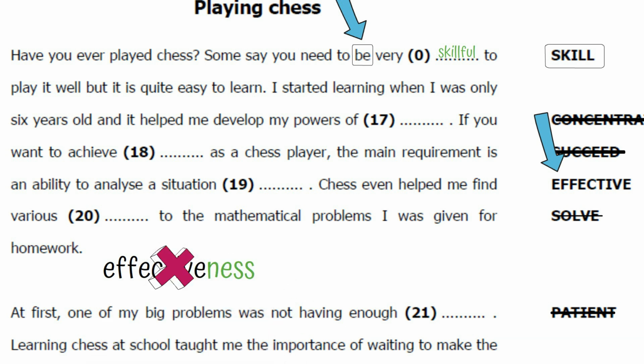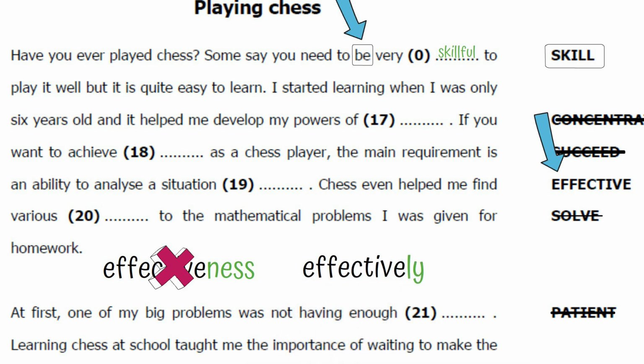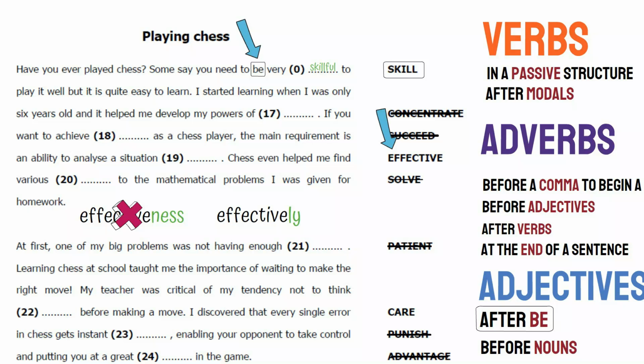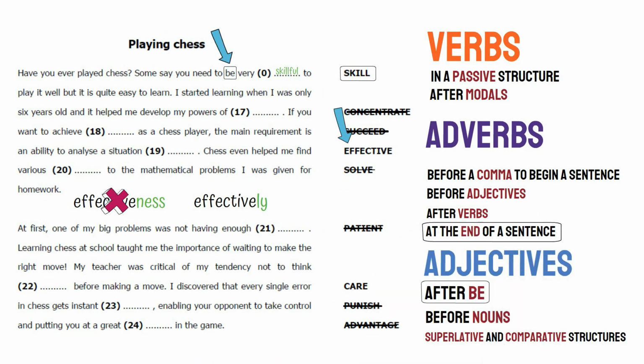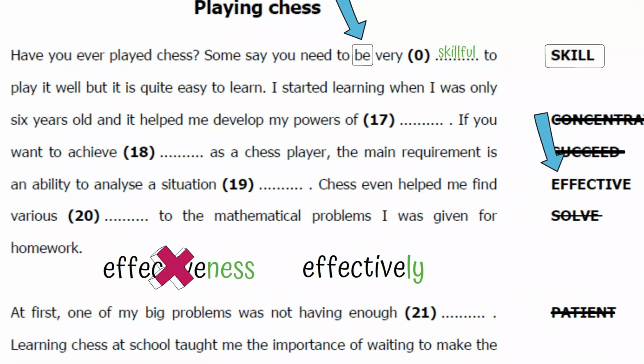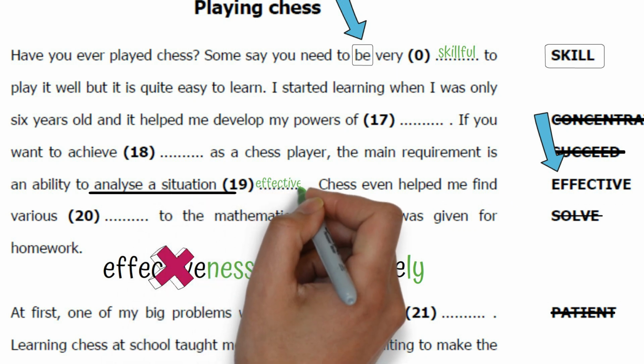Let's try an adverb. The adverbial form of effect is effectively. We know that we can use an adverb at the end of a sentence. Can you analyze a situation effectively? Yes, you can.